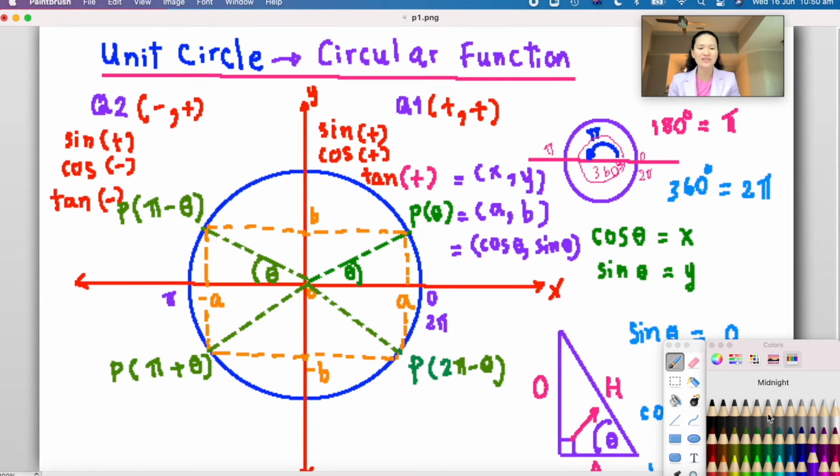Let's go next to our quadrant 3 here. Obviously, we know that x is negative, yeah, and our y is negative as well.